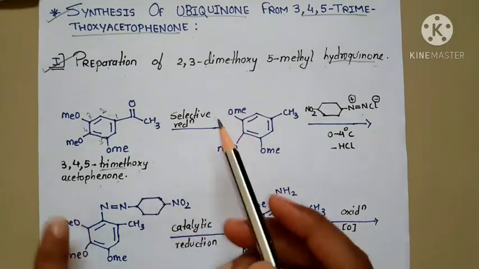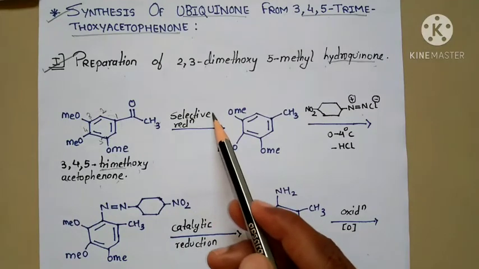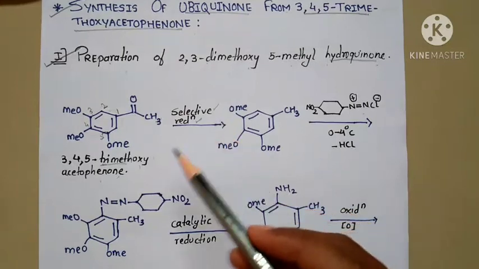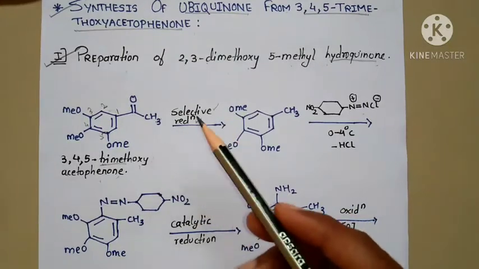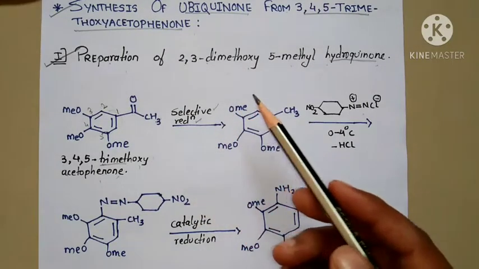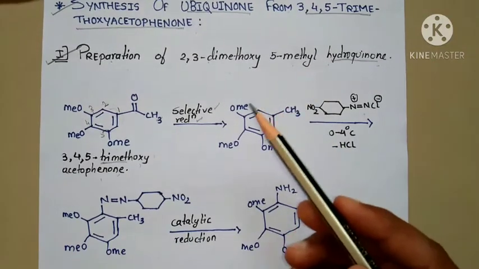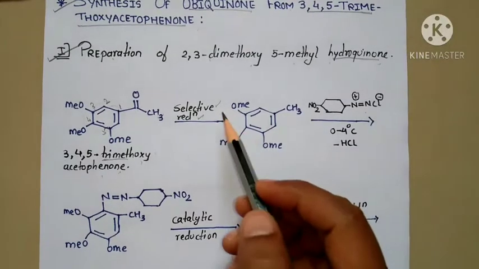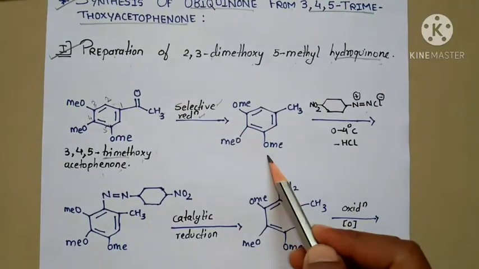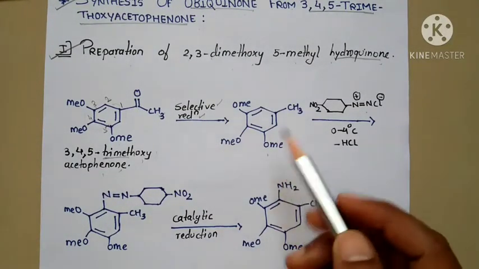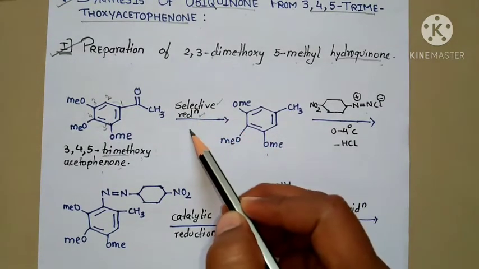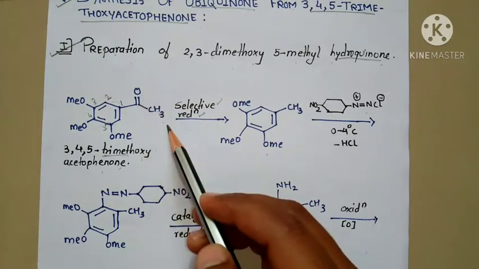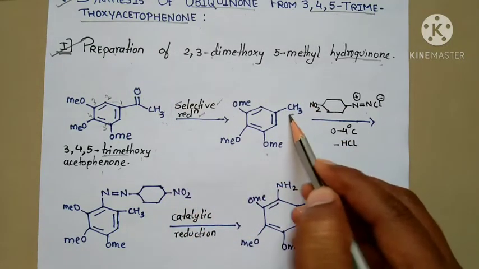This reactant undergoes selective reduction. What is meant by selective reduction? A removal of oxygen and addition of hydrogen. Okay, then what is the change in the next part? After selective reduction, your C double bond O CH3 is converted into CH3.